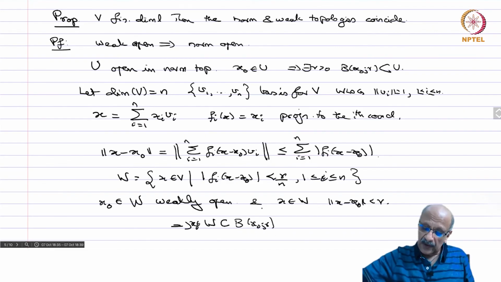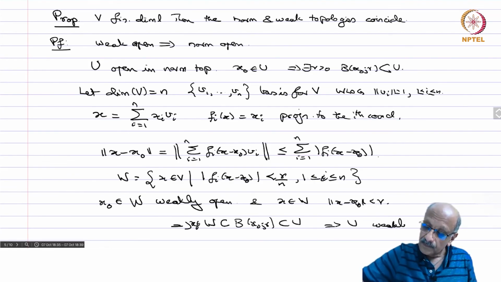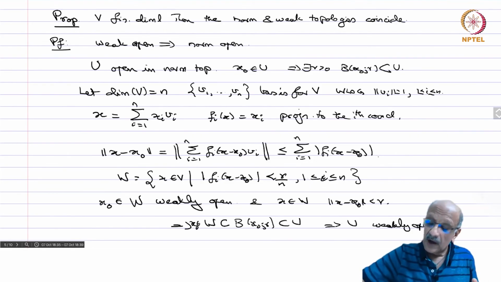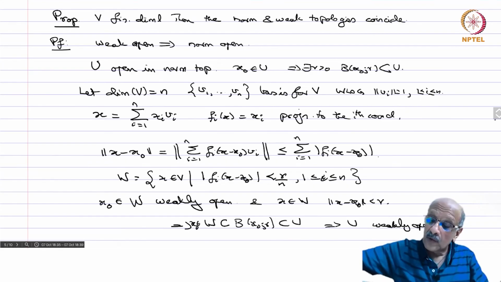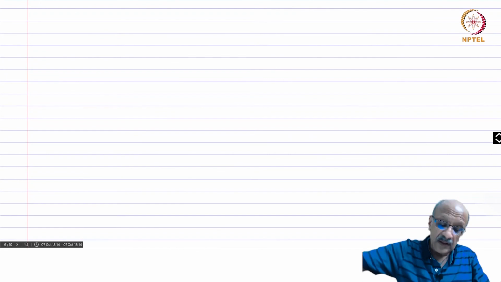So B of x naught, R contains a weak neighborhood of every point in it, which is of course contained in U, which implies U is weakly open, because every point in it contains a weak neighborhood inside the same set, and therefore every norm open set is weakly open, every weakly open set is norm open, therefore the two topologies are one and the same. So if at all there is going to be a difference, we have it only in infinite dimensions.